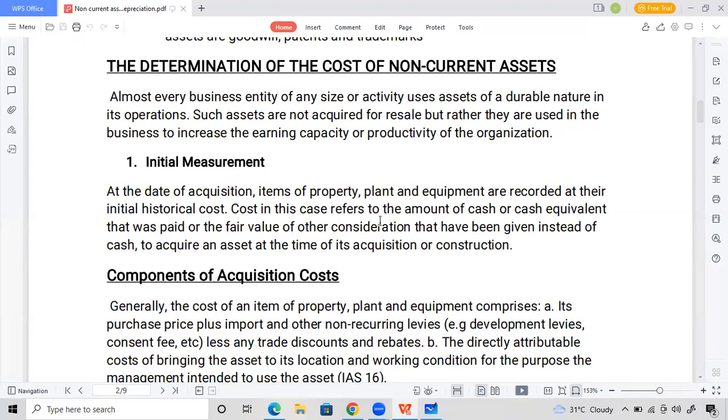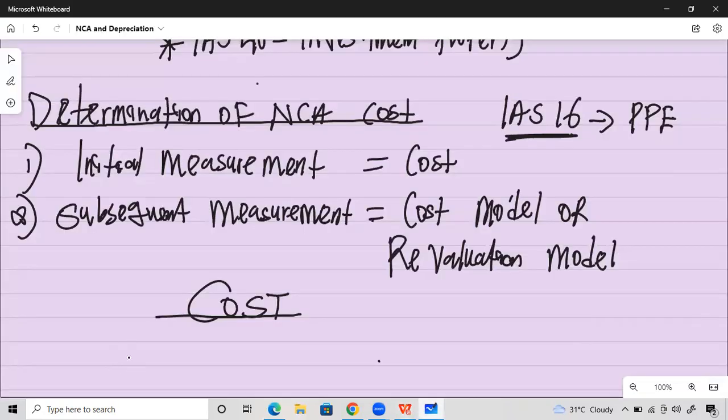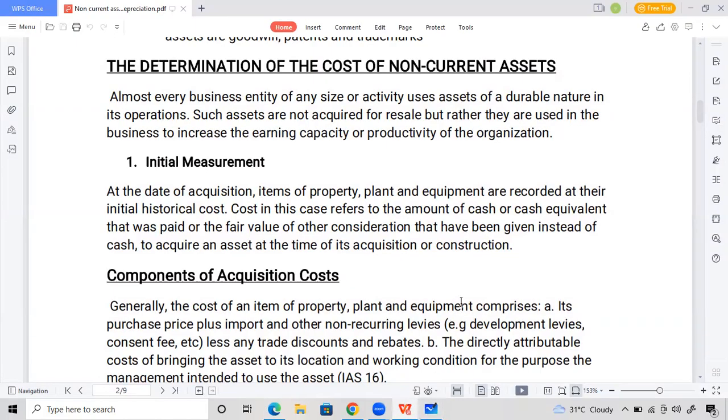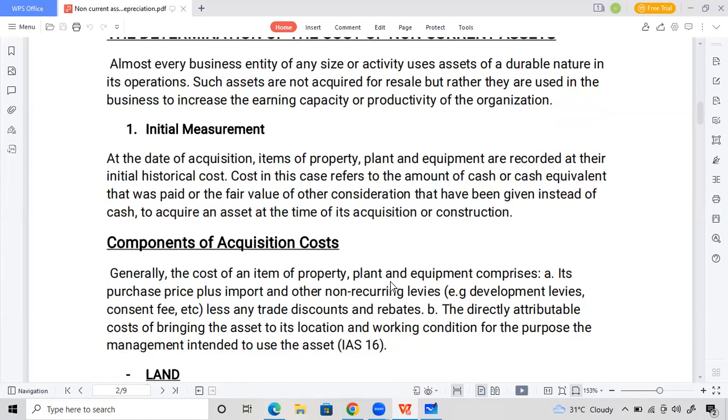Cost in this case refers to the amount of cash or cash equivalent that was paid, the cash that you pay, or the fair value of other consideration that was given instead of cash to acquire the asset at the time of acquisition or construction.